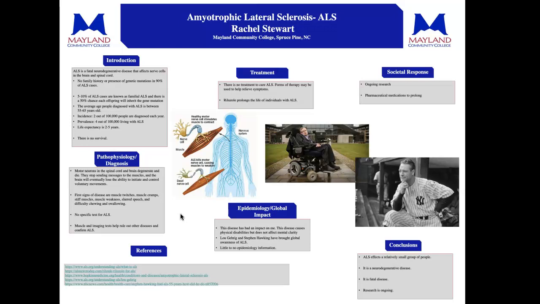Life expectancy for those individuals with ALS is 2 to 5 years. That is the typical life expectancy. And there is absolutely no survival rate. So nobody has ever survived ALS.